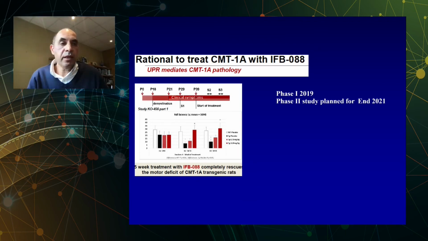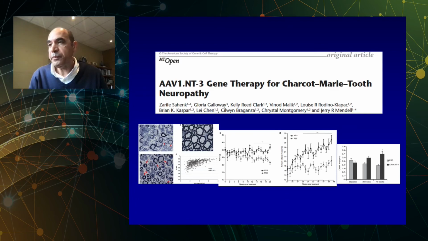Things were just a little stopped by the COVID pandemic, but phase 2 is planned for the end of 2021. This is a very interesting molecule without side effects. We hope that we can do this phase 2 in patients with CMT1A or CMT1B.